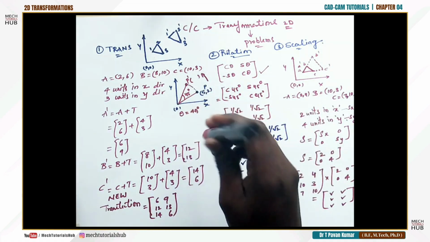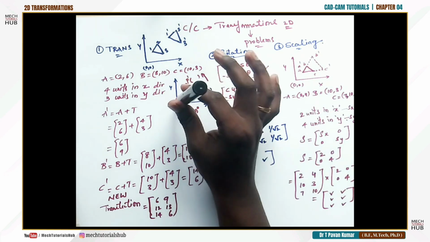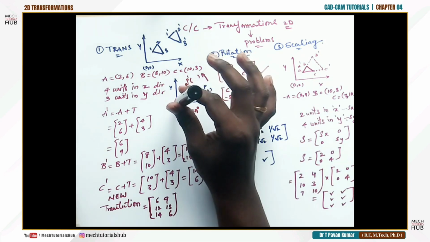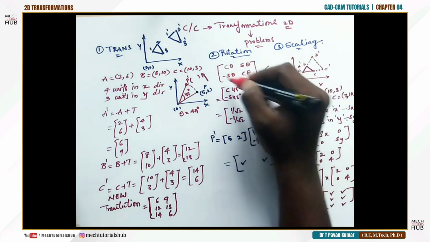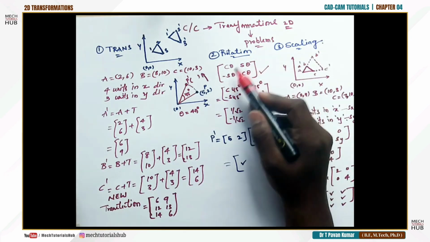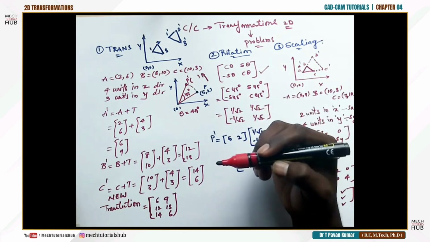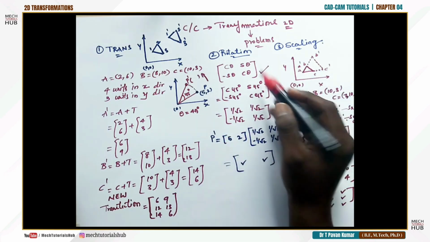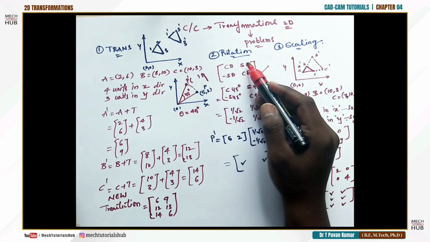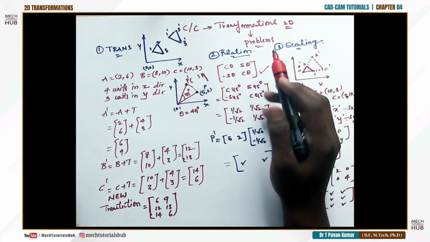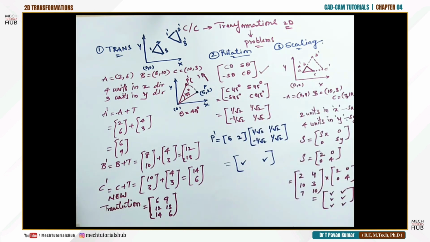Z is exactly perpendicular to the origin. In such a case, this is your matrix. Now this matrix will change if it is with respect to x or with respect to y, and the positions of cos theta, sin theta and minus sin in that matrix will also change. Okay, this is all about transformations, 2D small simple problems.